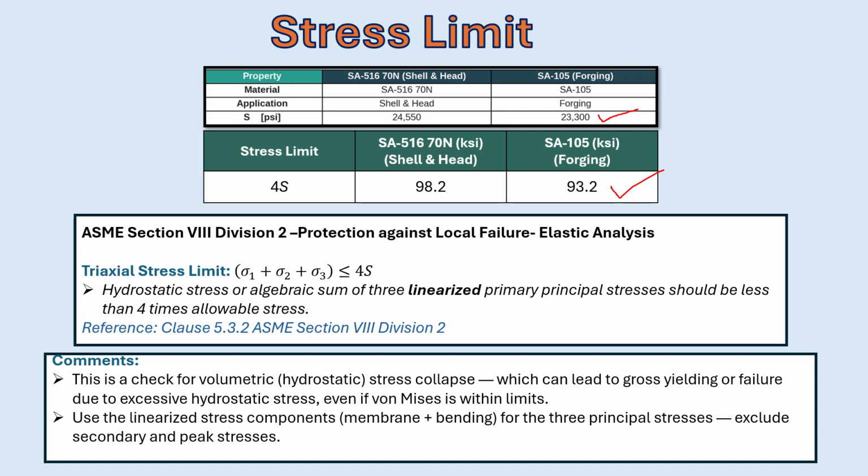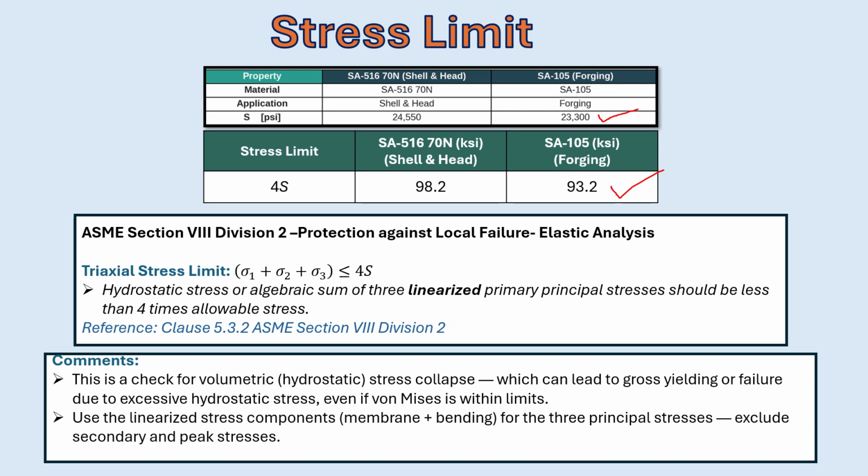This ensures that hydrostatic stresses do not exceed the allowable ductility of the material. This is a check for volumetric hydrostatic stress collapse, which can lead to gross yielding or failure due to excessive hydrostatic stresses, even if von Mises is within the limits.